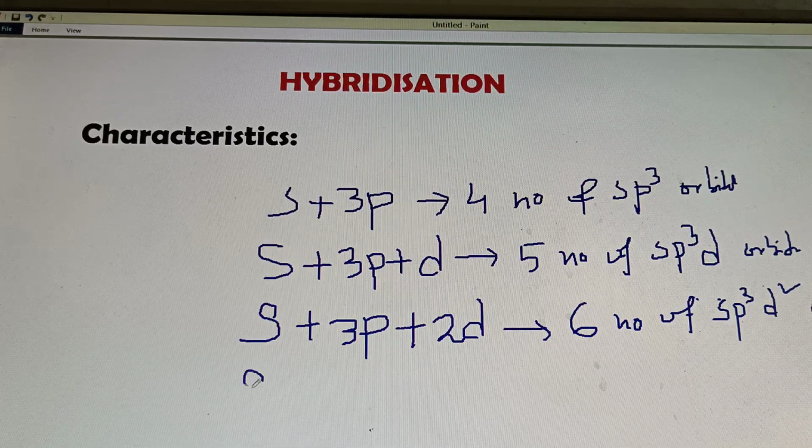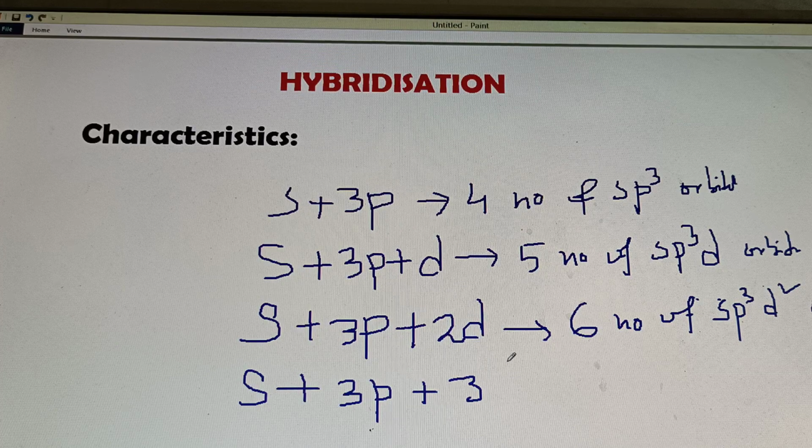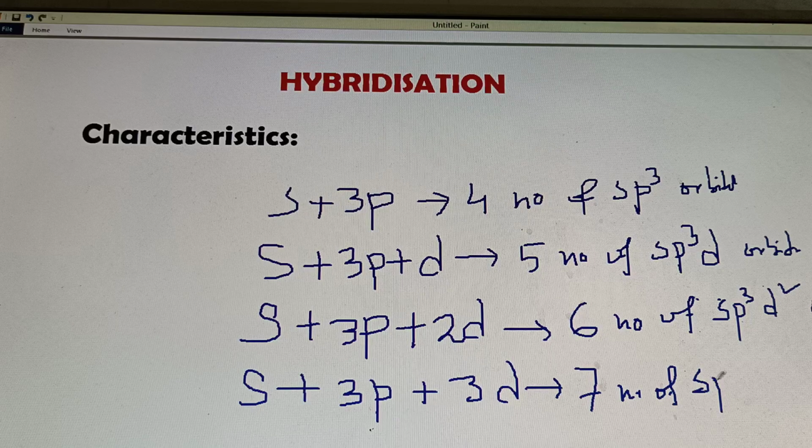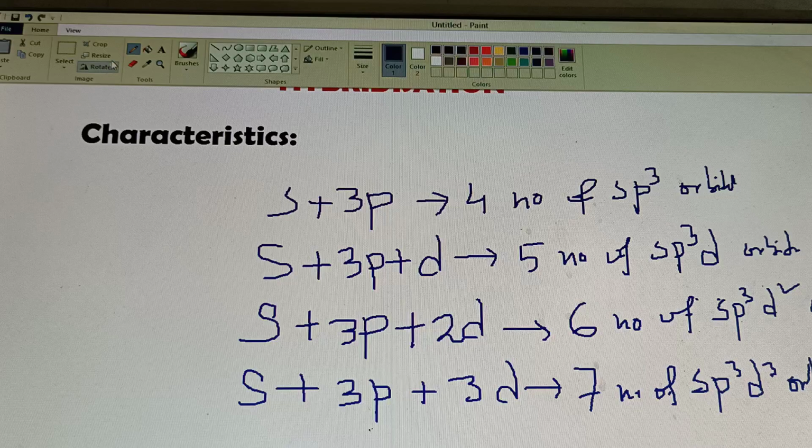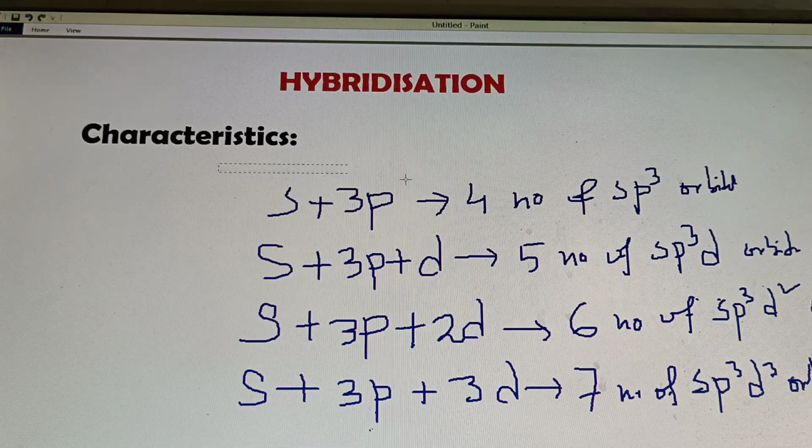Next one, 3 p and 3 d combined to give 7 sp3d3 orbitals. Okay, understand?